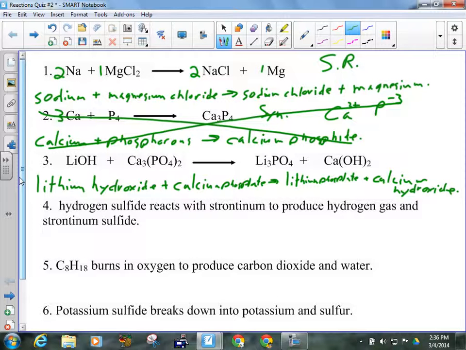Okay, 2 ionic compounds react to form 2 new ionic compounds. The reaction is double replacement. Alright, so 2 marks so far, 1 for written as words, 1 for double replacement.